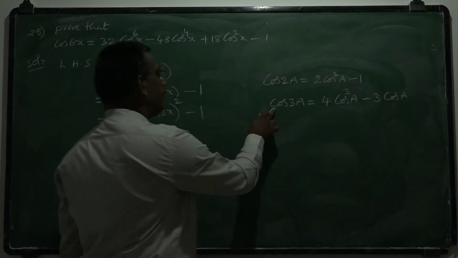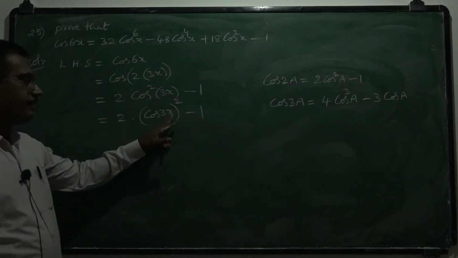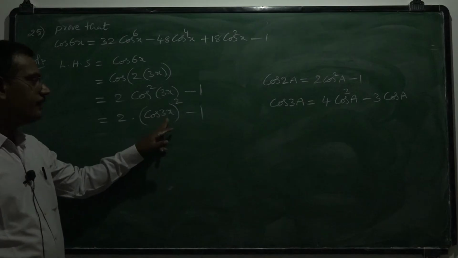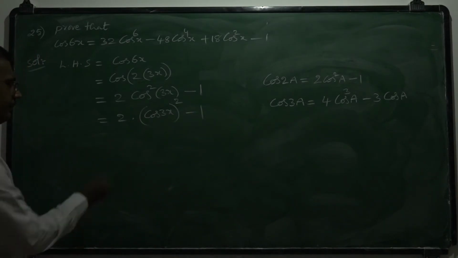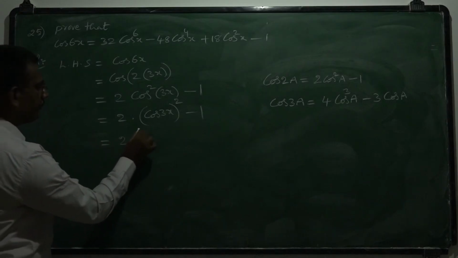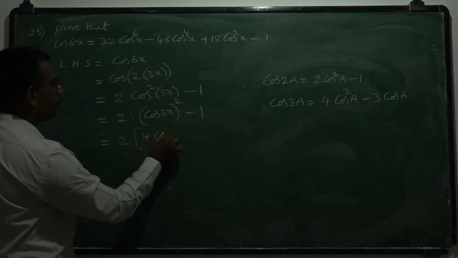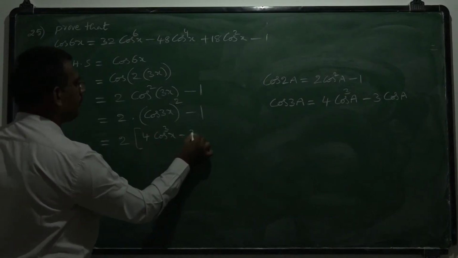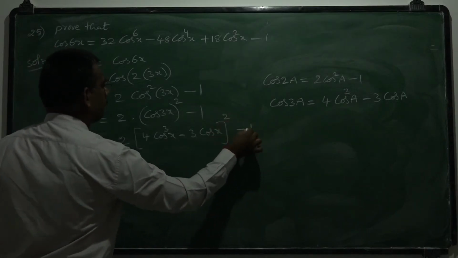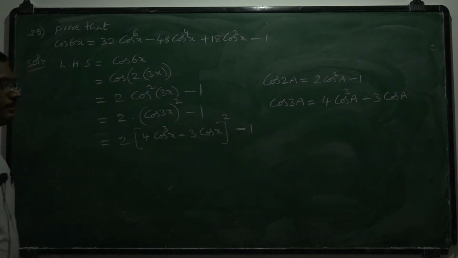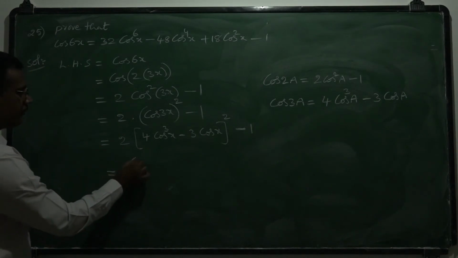Here a is x, so cos 3x will be equal to 4 cos cube x minus 3 cos x. So write down here 2 times of 4 cos cube x minus 3 cos x whole square, minus 1.